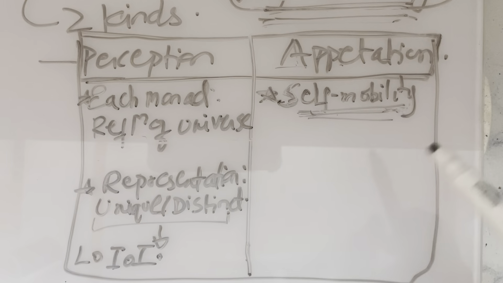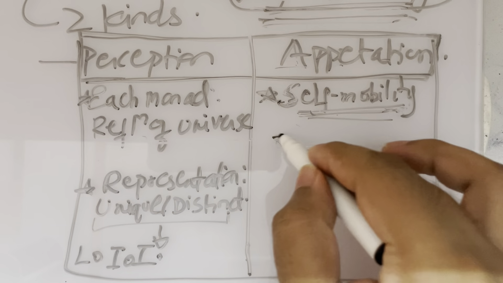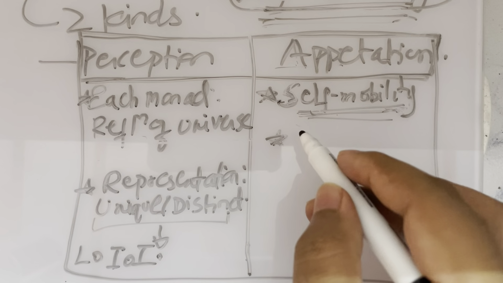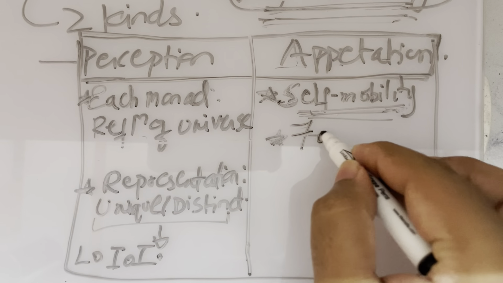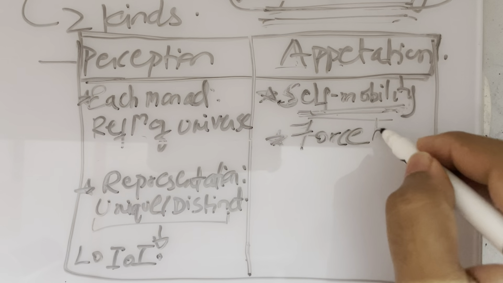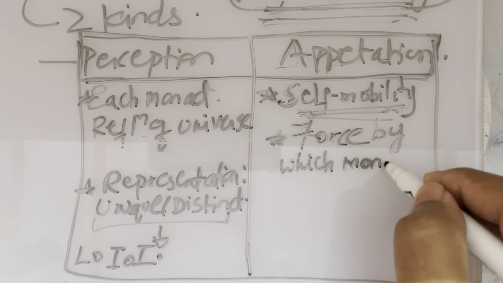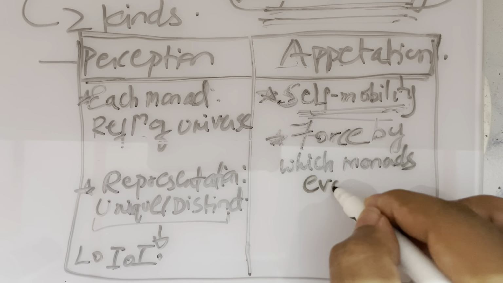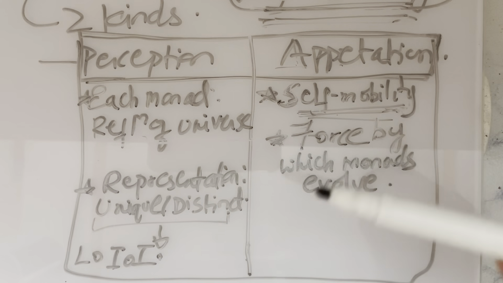activity, or appetition. So self-mobility: he indirectly says that there is a force by which monads evolve. This explains the dynamism or mobility from one type of monad to a higher type, and finally to the highest type of monad, which is monas monadum, the God monad.